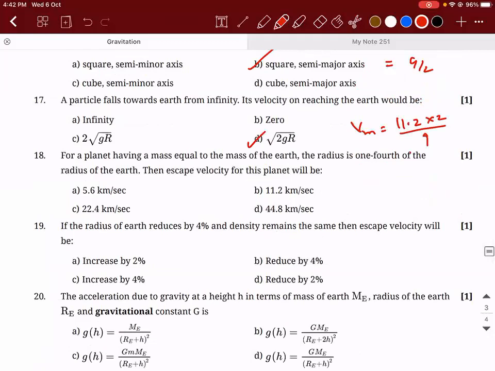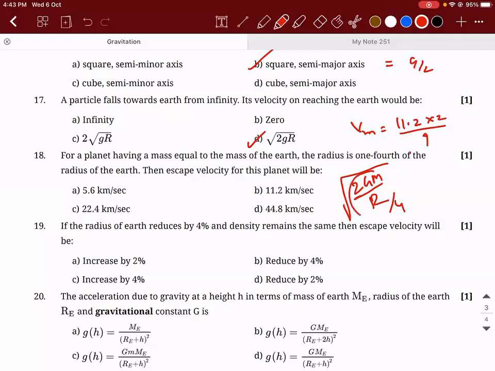For a planet having a mass equal to the mass of Earth, radius is 1/4 of the radius of the Earth, then the escape velocity of the planet is. So it is root of 2 GM divided by R by 4, correct?